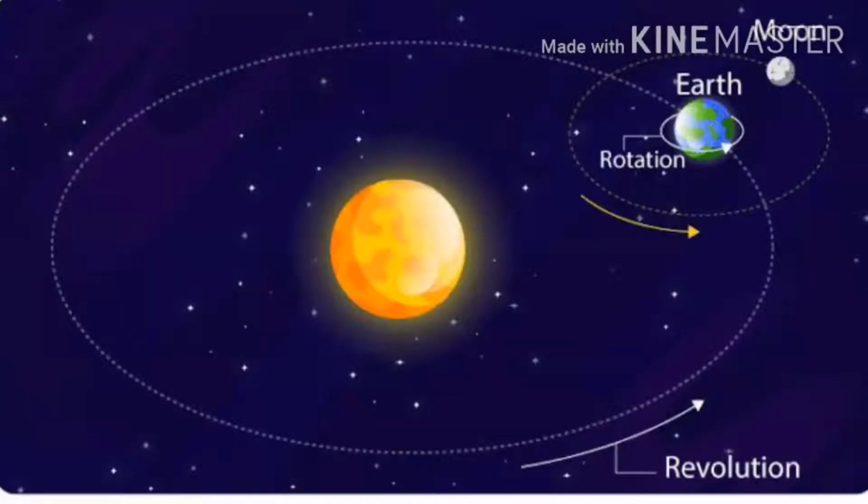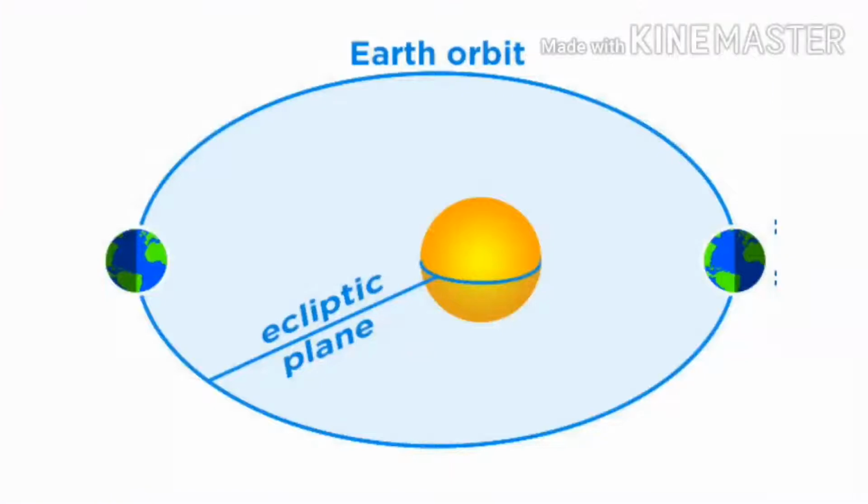As the earth rotates on its axis, it moves around the sun in elliptical path. Elliptical means oval. This fixed path on which the earth revolves around the sun is called orbit.